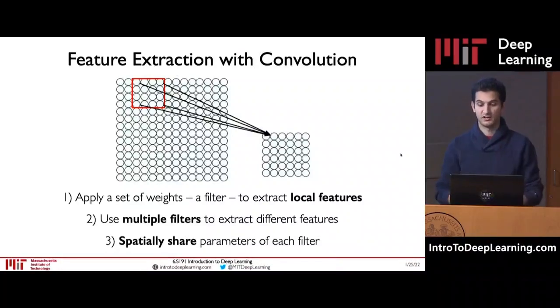Now, these concepts of preserving spatial structure, as well as the local feature extraction using convolution, are at the core of neural networks that we're going to learn about today. And these are the primary neural networks that are still used for computer vision tasks, and have really shattered all of the state-of-the-art algorithms.